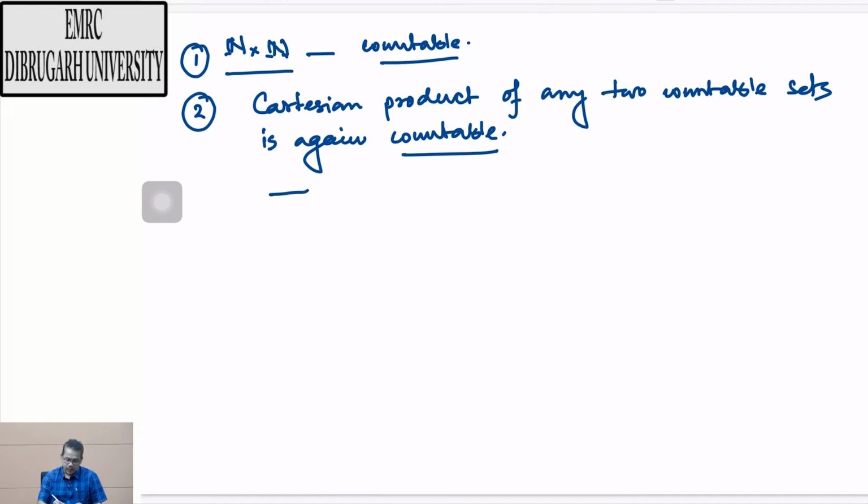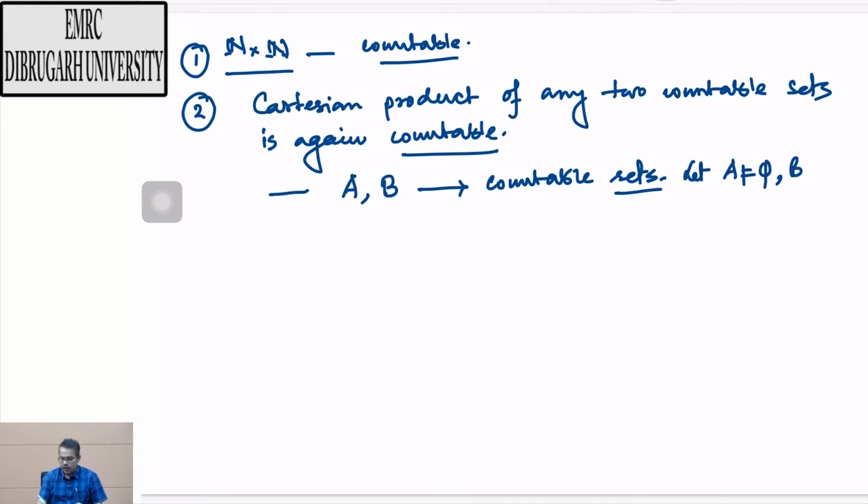How can this be proved? Suppose A and B are two countable sets. Let A be non-empty and B be non-empty, because if they are empty, we have nothing to prove.